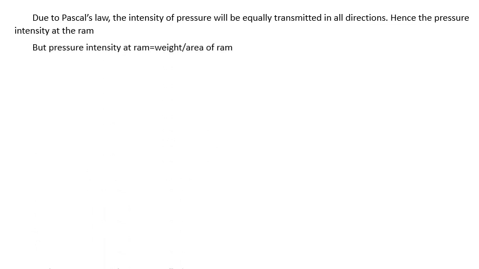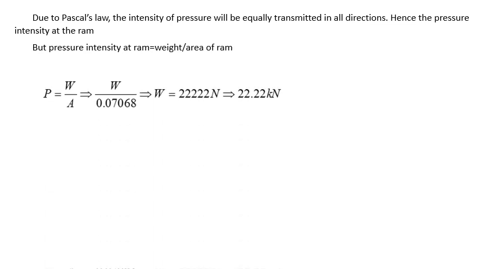But what is the intensity of pressure at the ram now? The intensity of the pressure at the ram is equal to weight by area of the ram. Now the intensity of the pressure we know. So what is the intensity of the pressure available on the ram? That is equal to the intensity of pressure available on the plunger. Now the weight I want to calculate, the weight lifted by the ram.